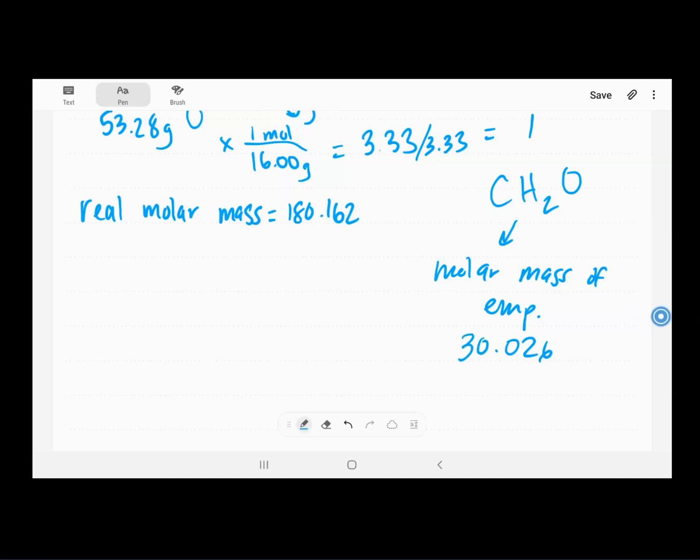So, we remember that we want to put the empirical molar mass over the real molar mass, which is going to be 30 over 180, which is... Oh, I did that upside down. Shame on me. Okay, y'all didn't see that, okay? Aha! It's 180 over 30.